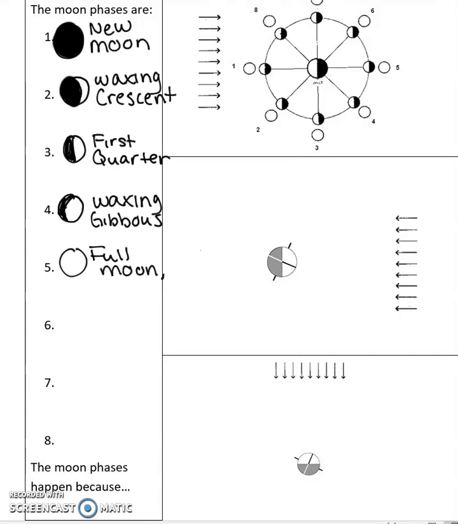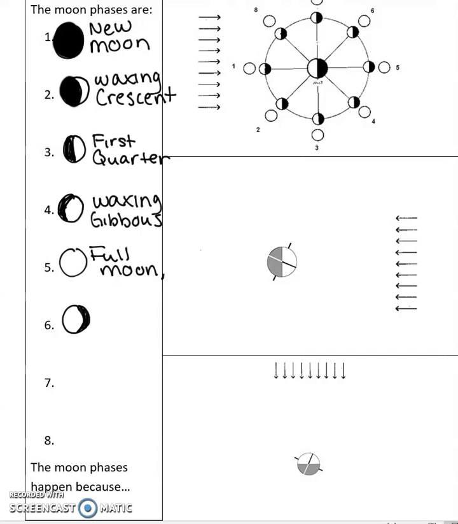So in the waxing phases, you'll notice that the light on the moon is increasing as we move through those waxing phases all the way till we get to the new moon. And then after we hit the new moon, the light is going to start shrinking. It's going to start to disappear.